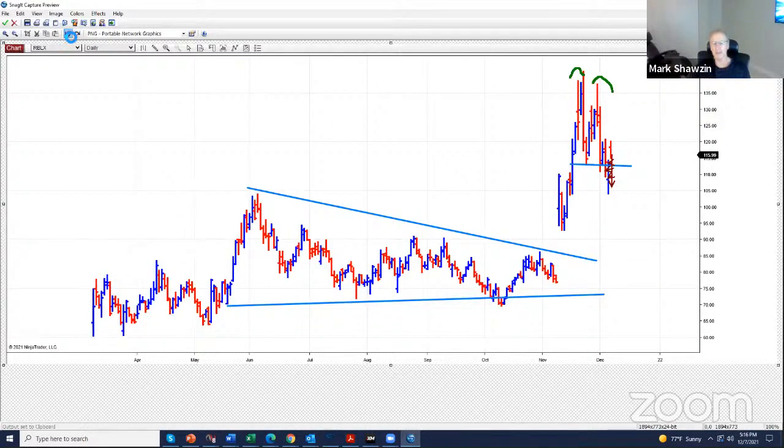So maybe this is not the best example, but it's just something that I'm looking at, and time will tell. We may get another move back in here where it falls short and then goes back down, and that's probably what is going to occur here. But this is starting to tell us that there is a massive amount of resistance here, and that we should be keeping a lookout to get on the other side of this trade.